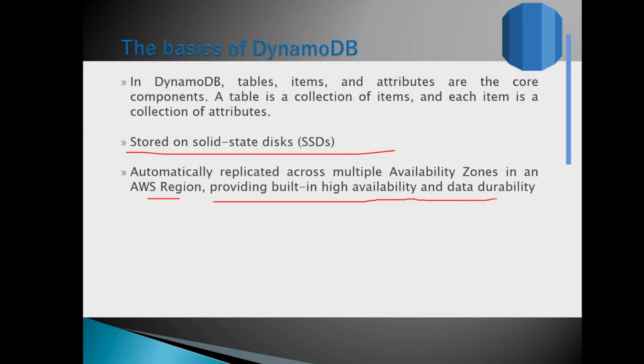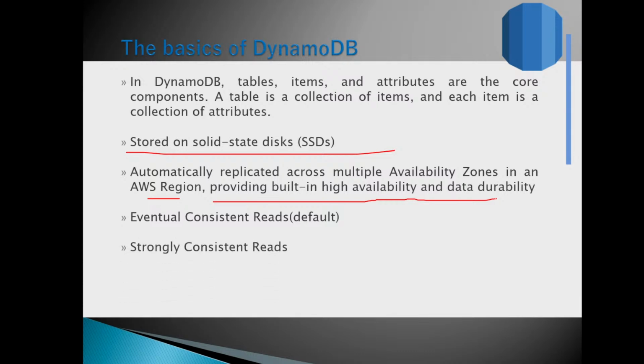It's not a single region application. Your data is not stored in one place, it is multi-zone, just like S3. EC2 and RDS machines, the database you are creating is in a single availability zone, because the hardware is in one place. Here Amazon is not telling you where the hardware is. You just have to focus on using the database.